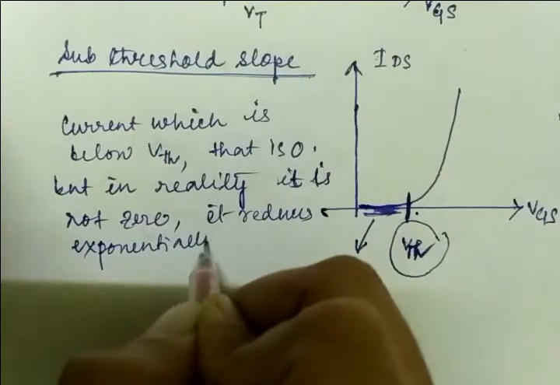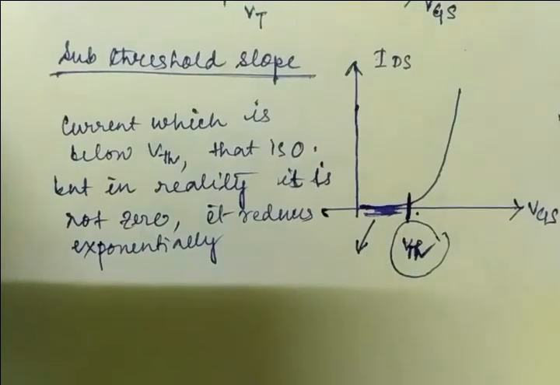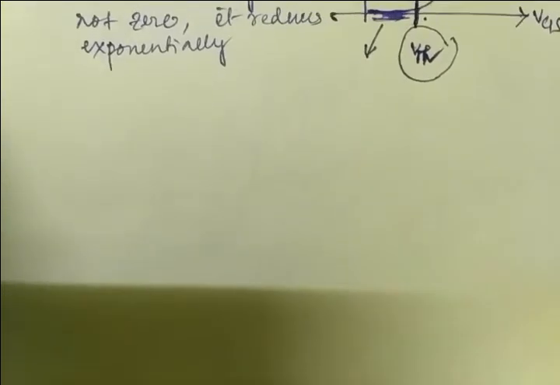So how does it reduce? Let's see the structure, and from that graph we will get the concept of subthreshold slope.